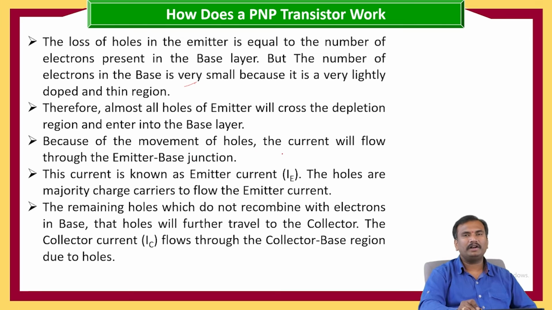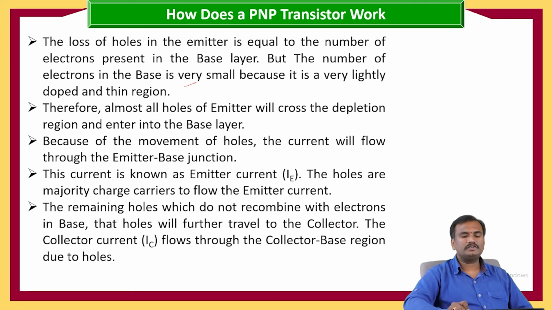Because of the movement of holes, the current will flow through the emitter-base junction, and this current is known as emitter current, and the holes are majority carriers for the emitter current.